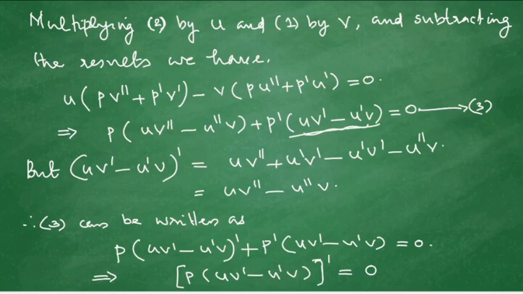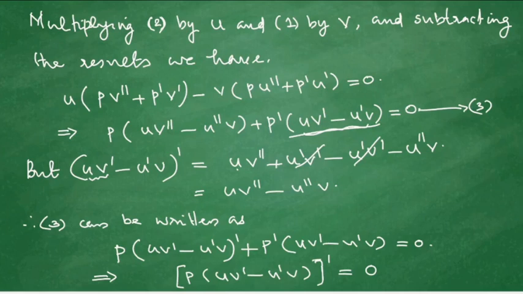When we take the derivative of u v dash minus u dash v: in the first term there is a product u into v dash, so first function into derivative of the second function gives u v double dash, plus u dash v dash, minus u dash v dash minus u double dash v. Then u dash v dash and minus u dash v dash get cancelled, and we get u v double dash minus u double dash v, which is the factor in the first term.